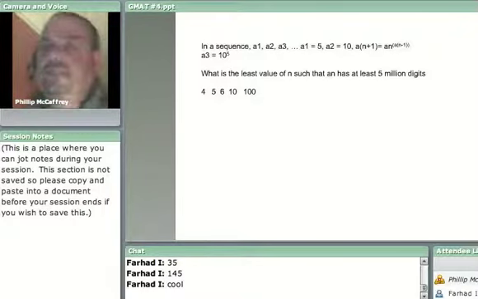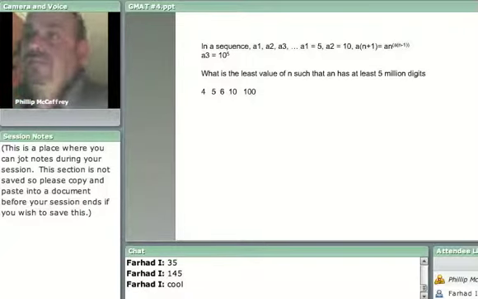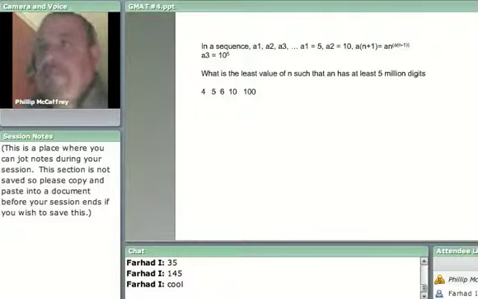It states in a sequence A1, A2, A3, and so on, A1 equals 5 and A2 equals 10. And any a sub n plus 1 is equal to a sub n raised to the power of a sub n minus 1, for n greater than 2. I forgot to put that in, for n is greater than 2.